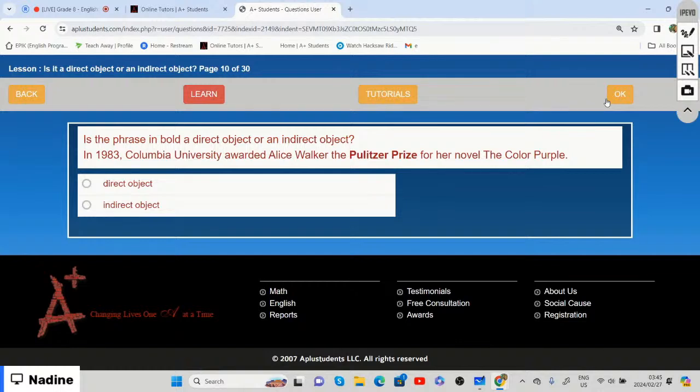All right, let's do the last one. It says, in 1983, Columbia University awarded Alice Walker the Pulitzer Prize for her novel, The Color Purple. So we need to say, is that a direct object or an indirect object?